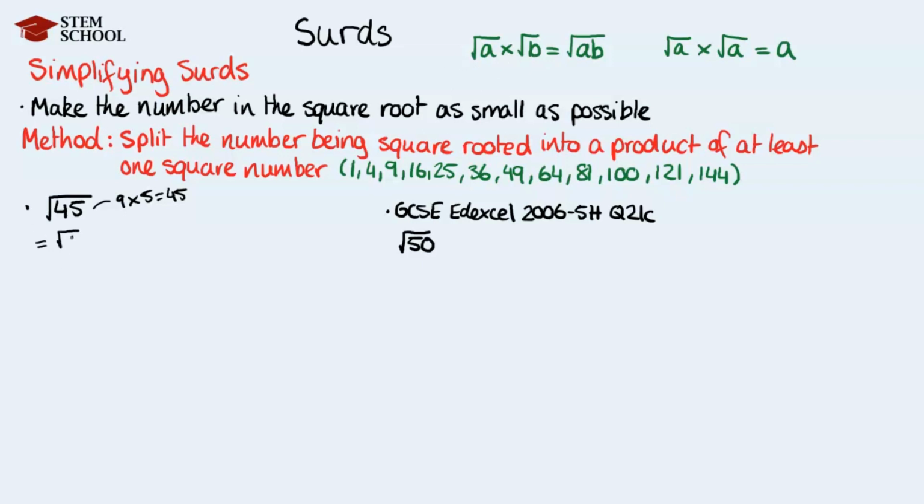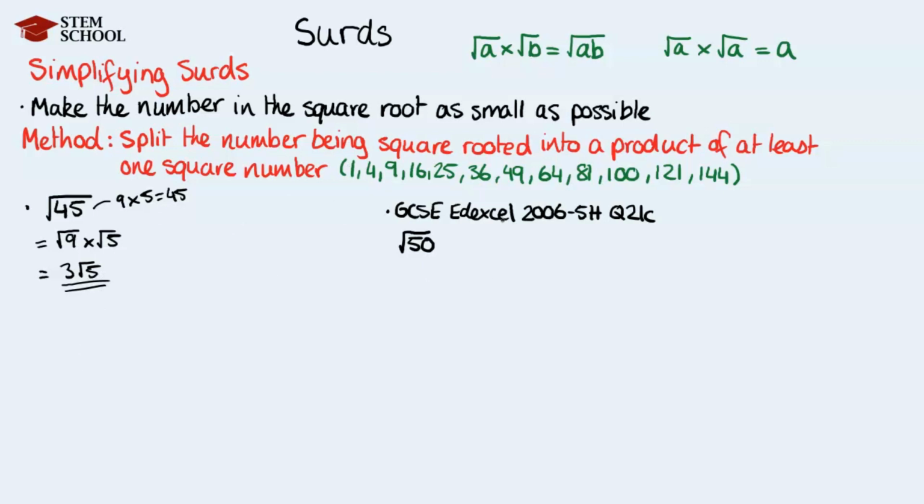So we can say root 9 times root 5. Okay, and then since we have a square number and a square root, we know we can simplify this. So root 9 will be 3, and then we can't simplify the root 5, so it'll just be 3 root 5. And you know you've simplified it to its max because you know you can't simplify the surd anymore, okay?